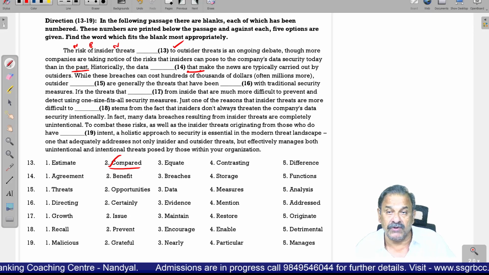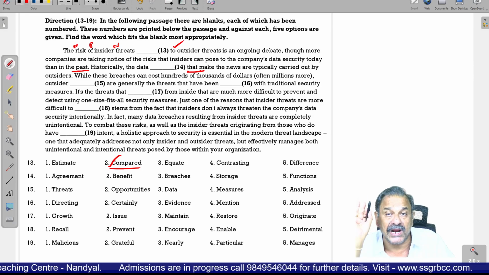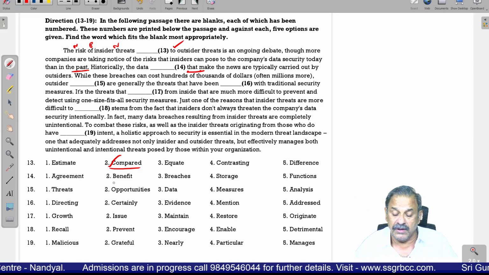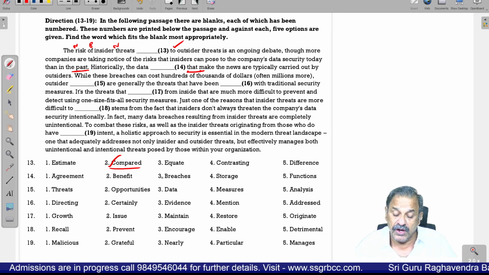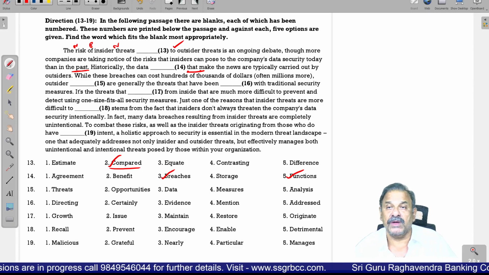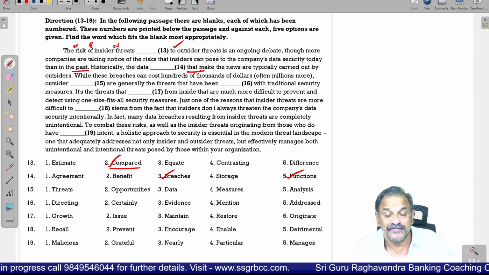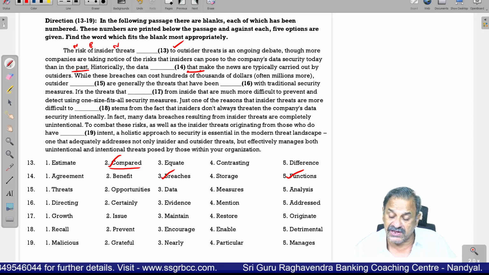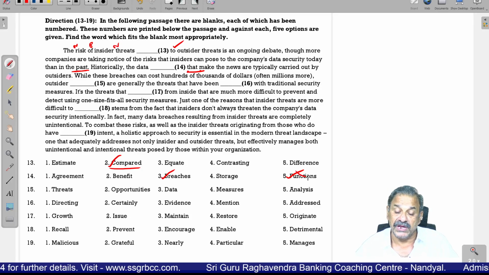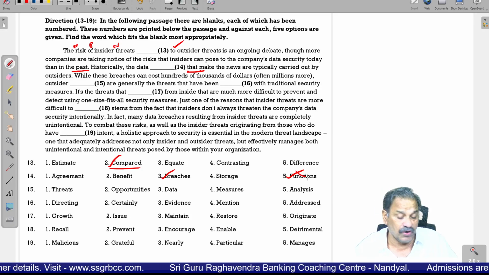Make is a plural verb, so before that we have to use a plural noun. Agreement no, benefit no; breaches, storage, functions may be used. Now we have to go as per the context. Historically the data breaches, not functions. So breaches that. Definitely we have to use breaches.